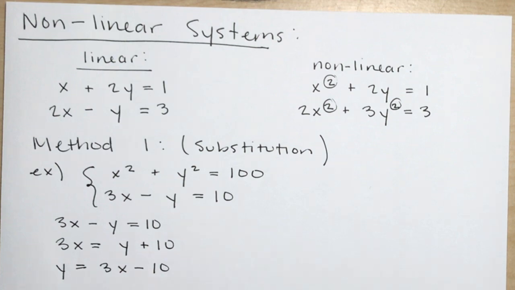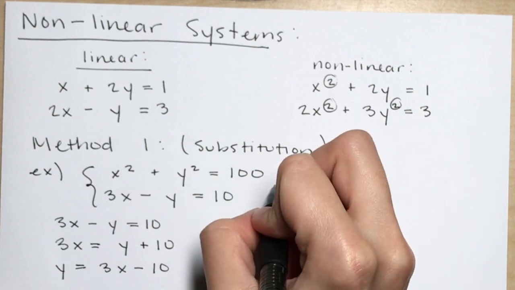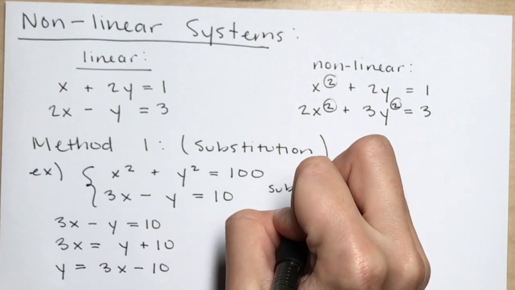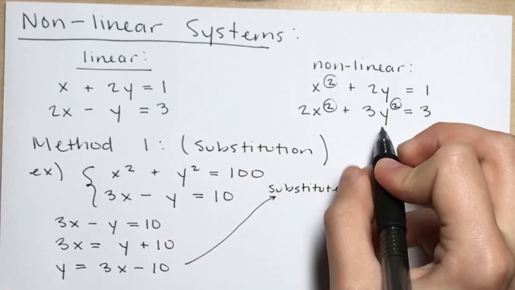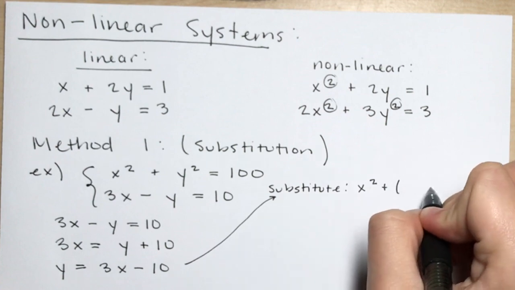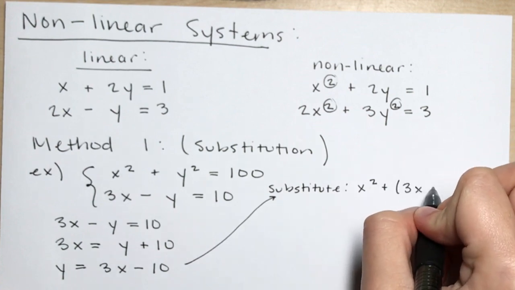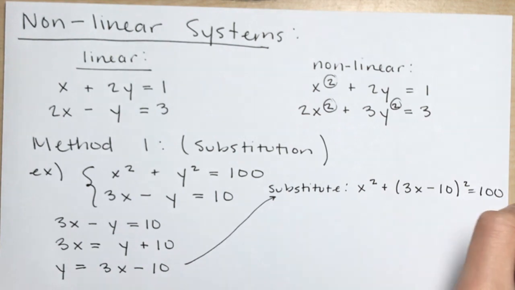Great. Now with substitution before, what did we do at this point? We would take this expression and plug it back into the other equation. So let's go ahead and do that. We substitute. So x squared plus, instead of y, we want (3x minus 10) squared equals 100.